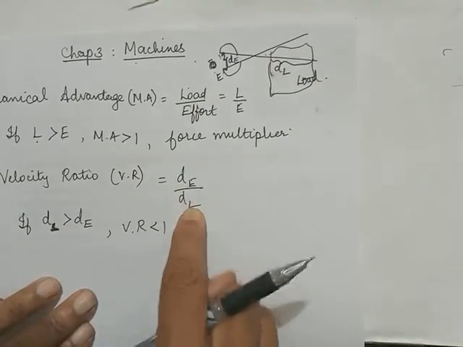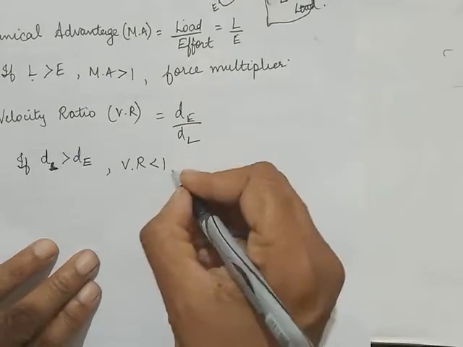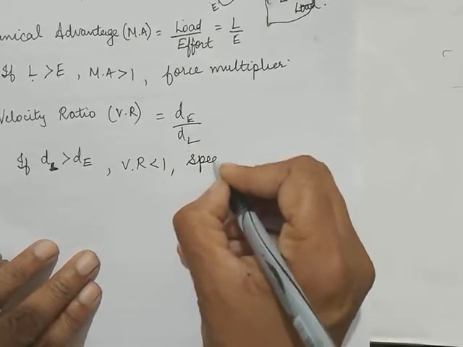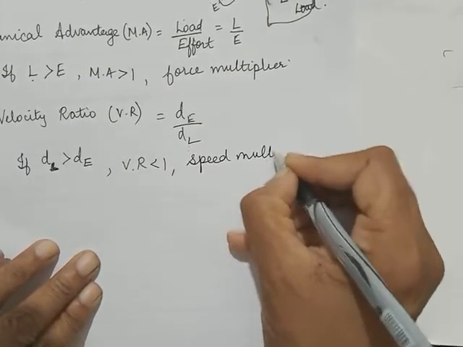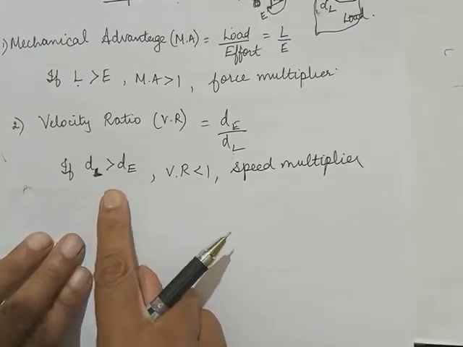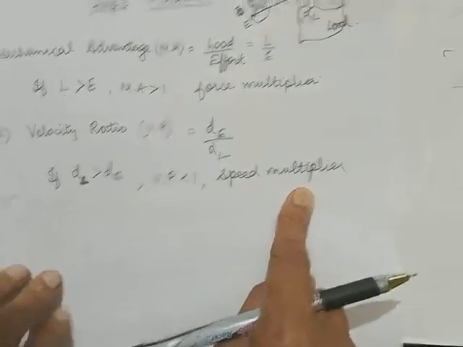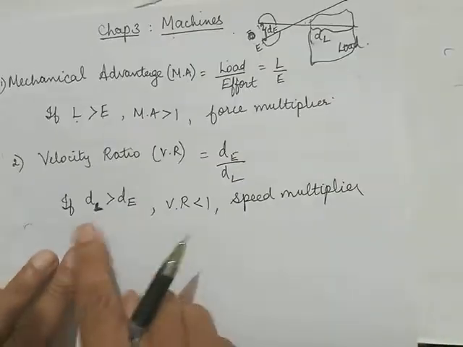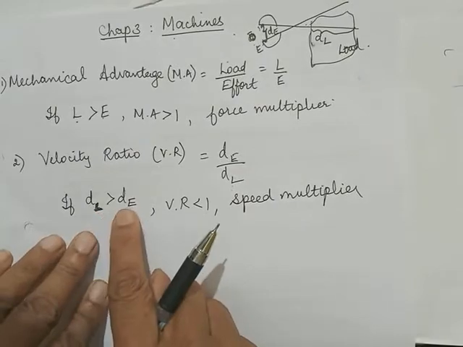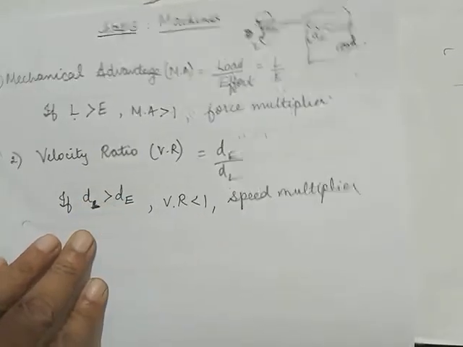Then VR is less than 1 because denominator is bigger and numerator is smaller. In that case, it is going to be used as a speed multiplier. Why is it called speed multiplier? Effort moves through a small distance, but load moves through a larger distance.